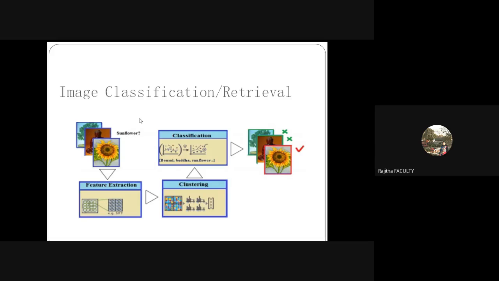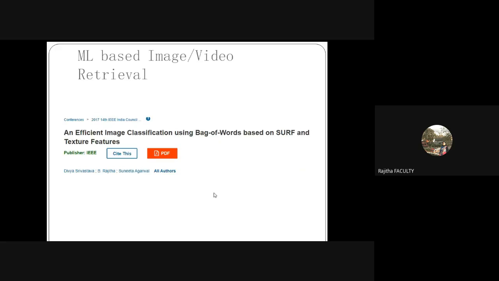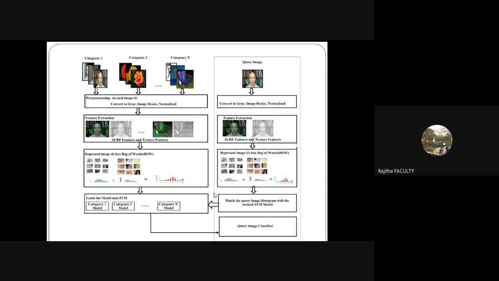CNNs are capable enough to extract the features, represent them in a particular format, and then also classify. So CNN models are capable of doing these 3 steps as a whole, and we don't have these blocks individually; all of them are combined in one block. Let's see how it works.